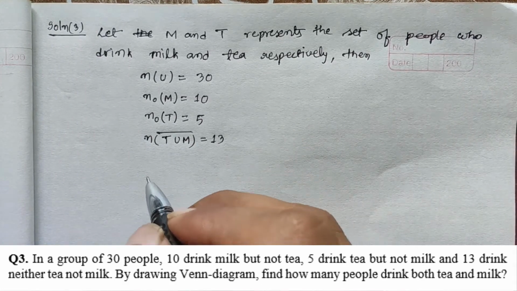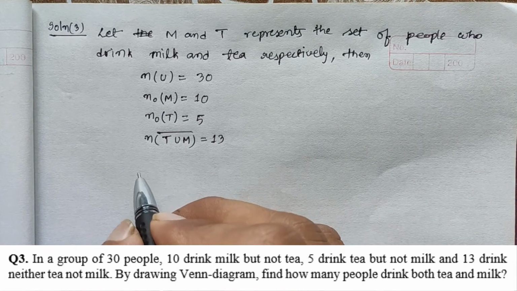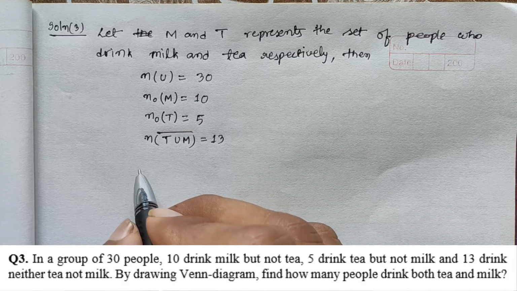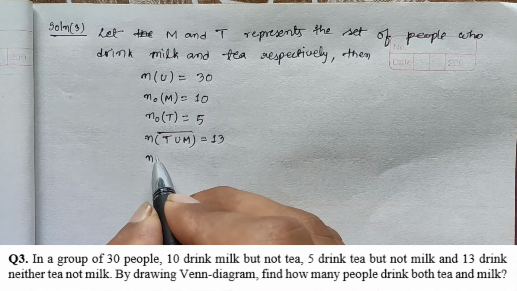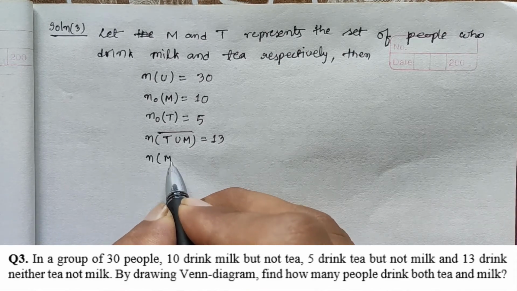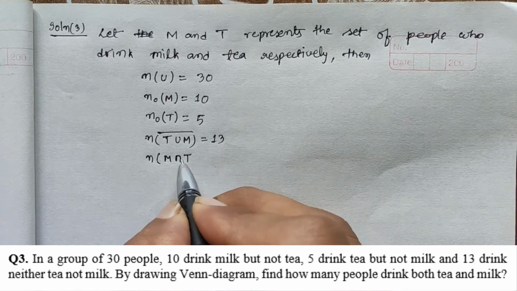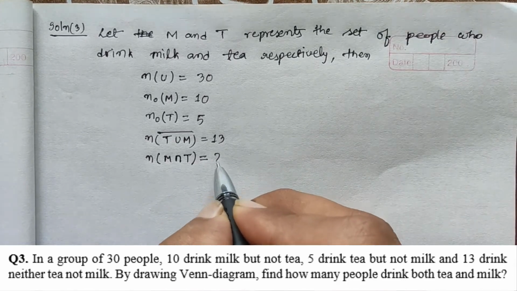You have to find, by drawing the Venn diagram, how many people drink both tea and milk. So the question asks to find the intersection part. This is the intersection part, you have to find it.